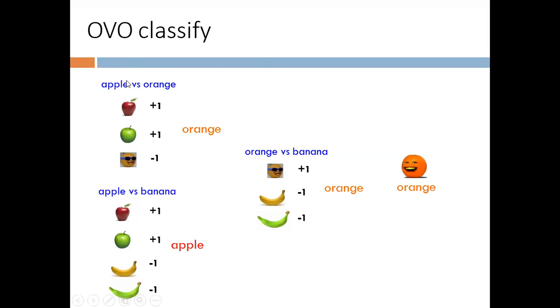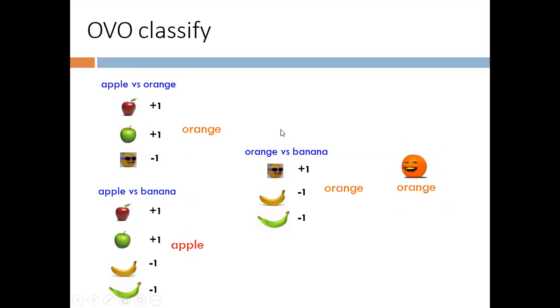So let's assume that the first binary classifier has predicted the label of this test instance as orange. The second classifier has predicted the label apple, and the third classifier has predicted the label of this test instance to be orange. So now we want to know the final class of this test instance, right?